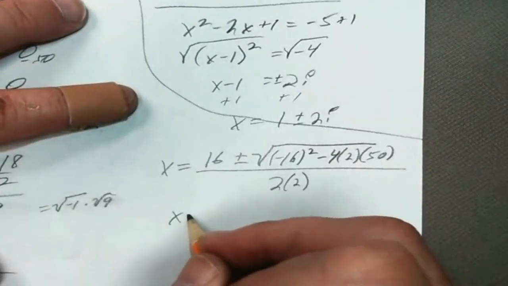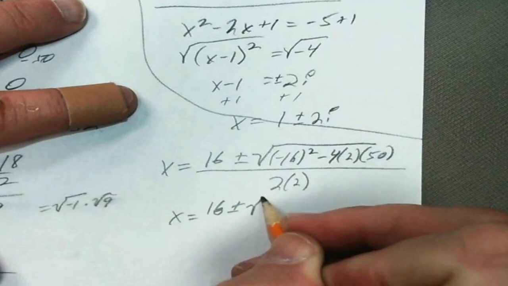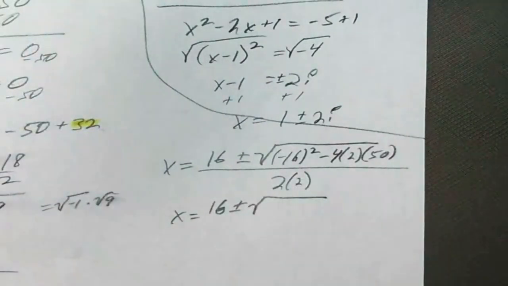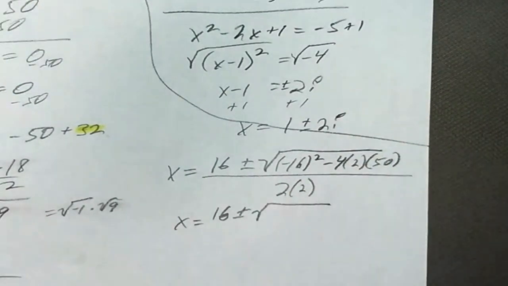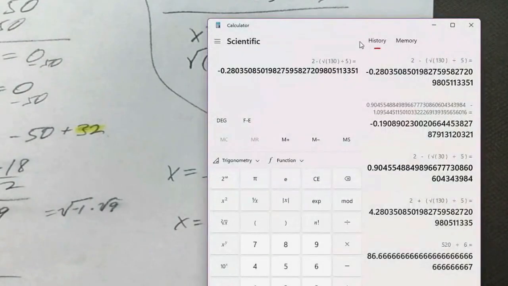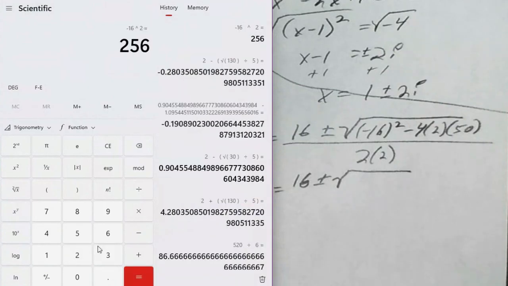So x equals 16 plus or minus the square root of what? Well, let's calculate that. 16 squared. 16 times 16. Let's get our calculator so we don't mess anything up, because we've also got a 50 and a 4 and some big numbers. We've got to make sure we're calculating the right numbers. So negative 16 squared, to the second power, is 256.